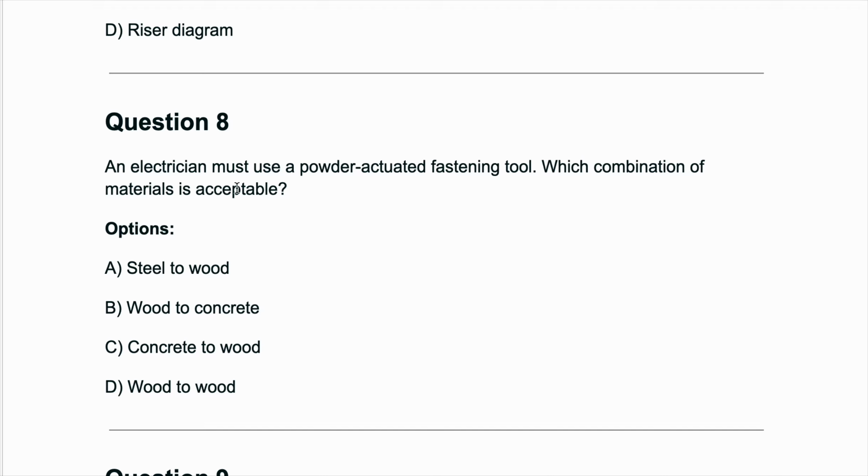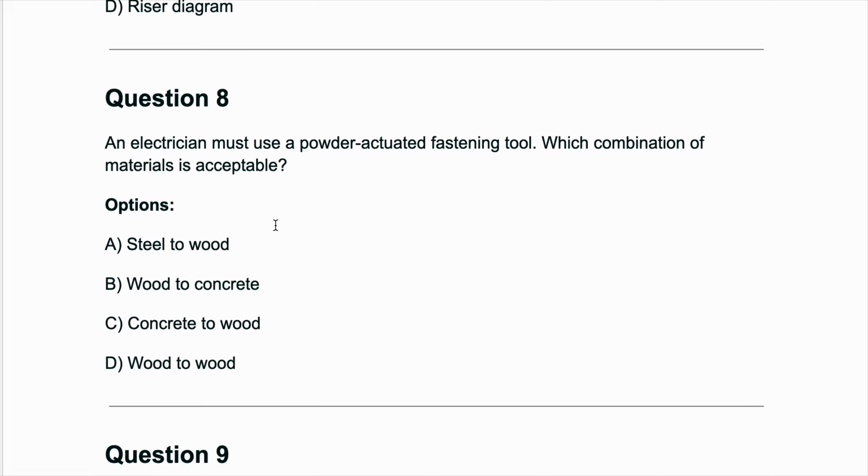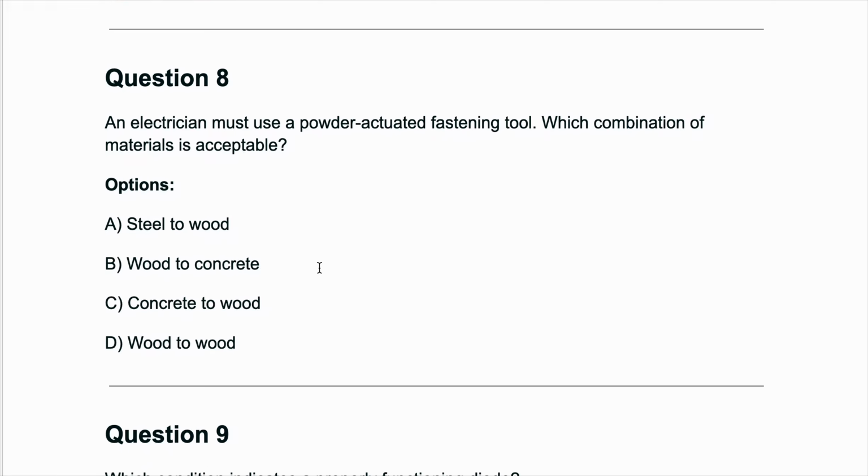Question 8. An electrician must use powder-actuated fastening tools. Which combination of materials is acceptable? Okay, these tools are strong and are used to drive steel or wood or nails into tough walls or tough materials like concrete.